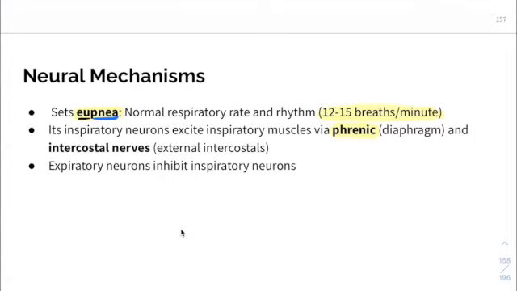C3, 4, 5 keeps you alive, because those are the three roots that the phrenic nerve comes out of, and it goes down to that diaphragm. So if that phrenic nerve isn't going to that diaphragm, you can't use your diaphragm to breathe.